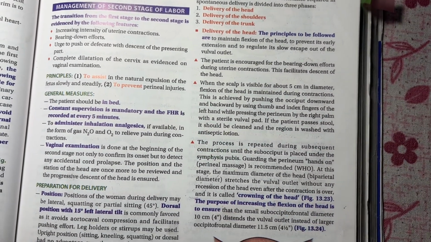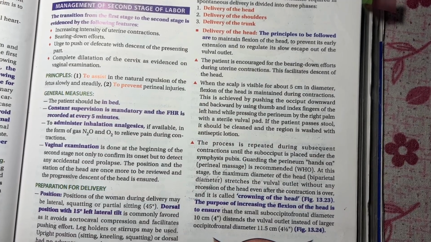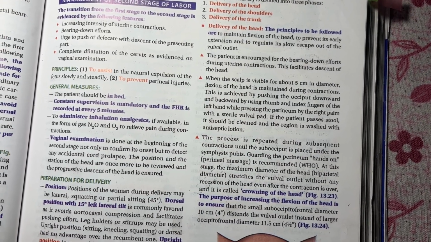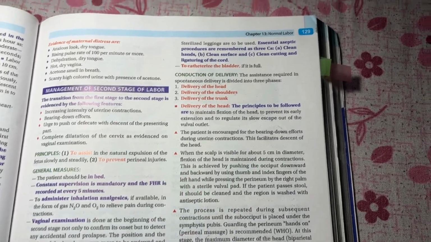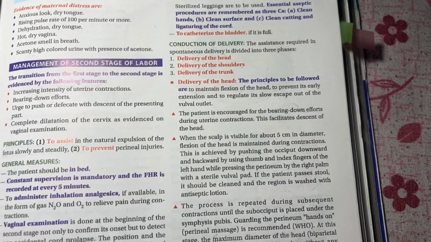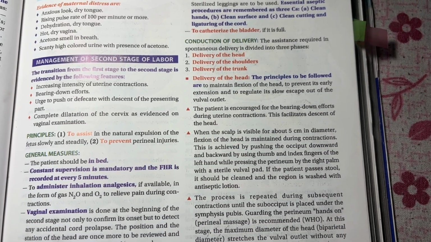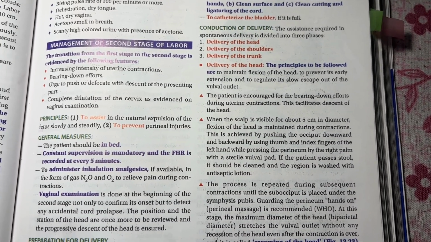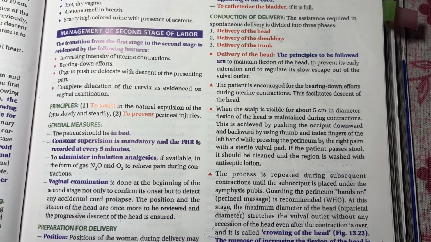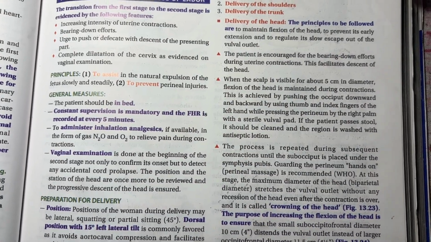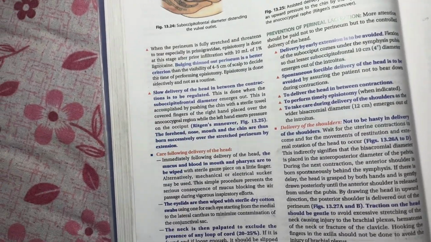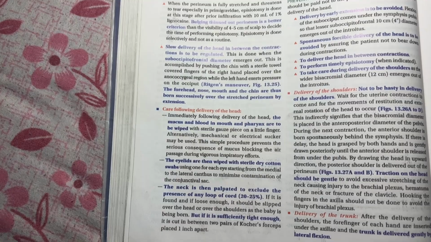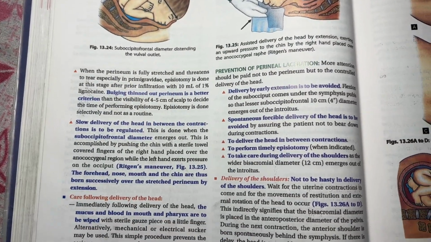And you can see from here the crowning of the head, the purpose of increasing the flexion of the head. In this conduction of delivery, the mechanism is the same as normal labor. That means delivery of the head, delivery of the shoulders and delivery of the trunk follow the mechanism of labor, and later it will come one by one systematically. Following delivery of the head comes delivery of the shoulders.